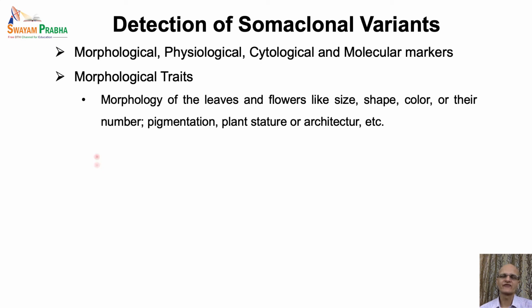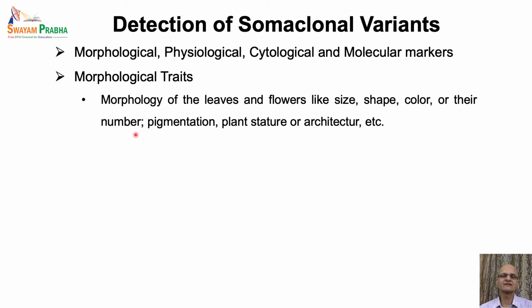First is the morphological traits. It is one of the oldest, easiest, and extensively used methods to detect somaclonal variants. No special equipment is required and the variants can be detected with the naked eye.